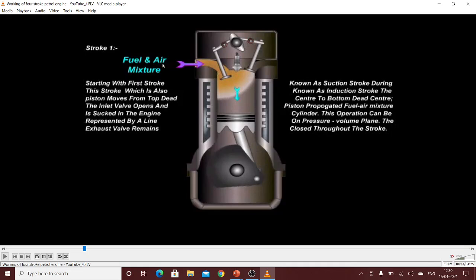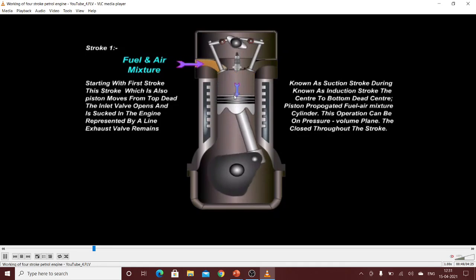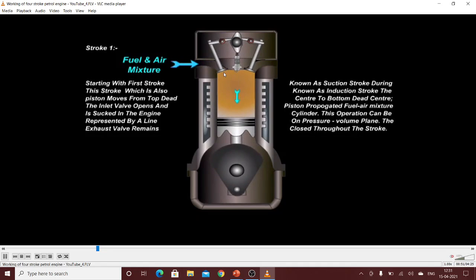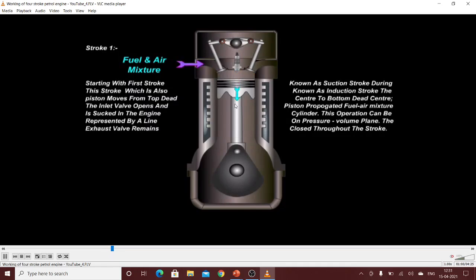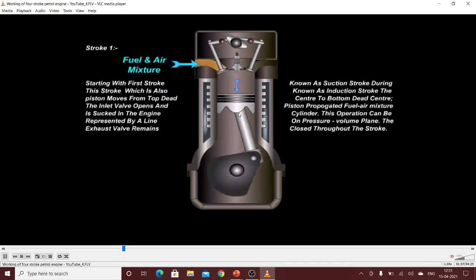The mixture of air and fuel is taken inside the cylinder at the top side of the piston through the inlet valve. This completes the first stroke.